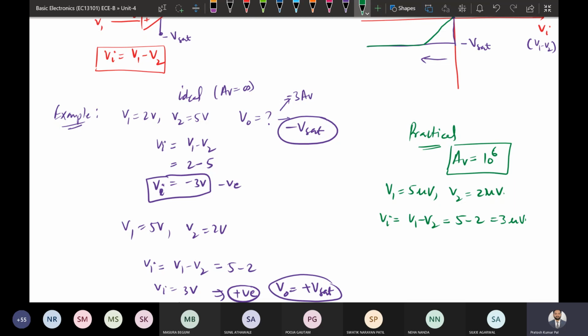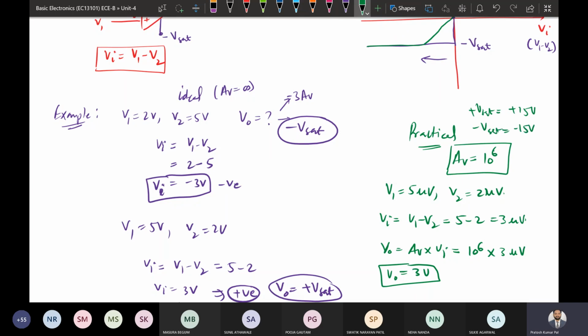If this is the V input, then V output will be equal to gain multiplied by V input. So gain is here 10 to the power 6 multiplied by V input, and V input is 3 microvolt. So it is nothing but 3 volt. So V output is 3 volt. Okay. So suppose it is the practical one where gain is given and plus V sat is given as plus 15 volt, and minus V sat is given as minus 15 volt.